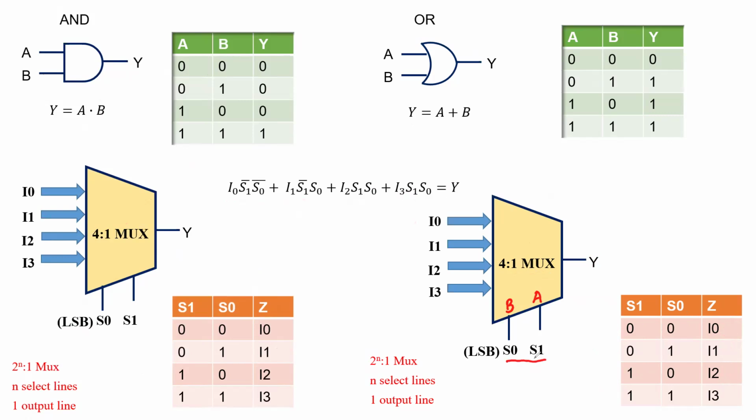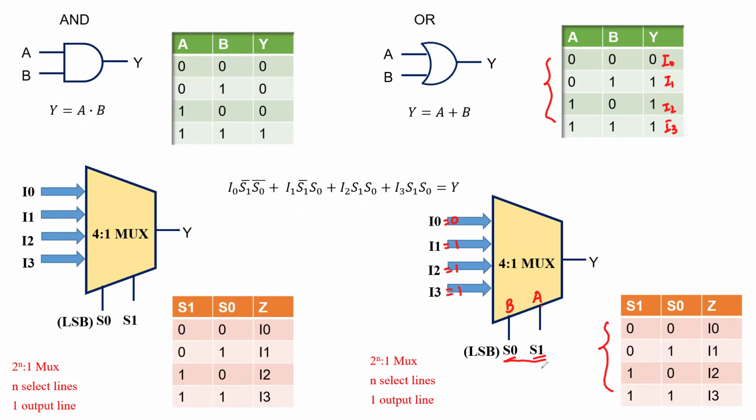So when S1, S0 are any one of these four possible combinations, I am saying A and B at the OR gate. Accordingly, I have to set the values of I0, I1, I2, and I3. I can see clearly that I0 is set to be 0, I1 is set to be 1, I2 is set to be 1, and I3 is set to be 1.